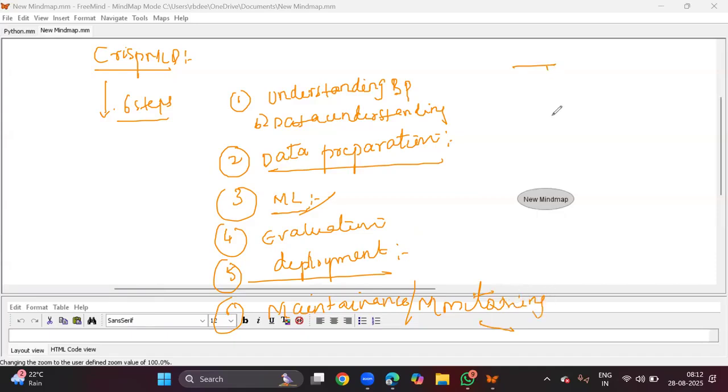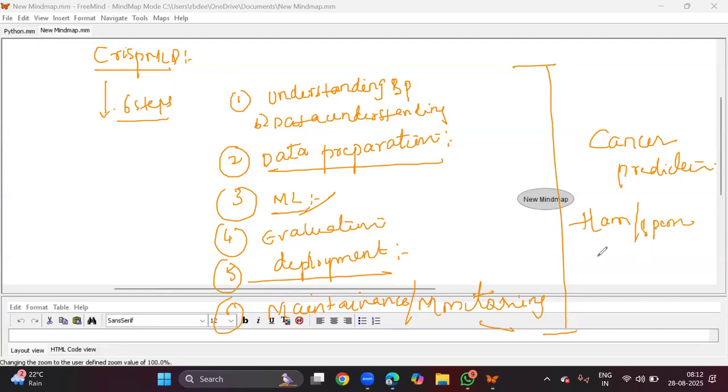For any business problem, whether you want to know whether a person is a cancer patient or not, cancer prediction, whether a mail is important or not, whether a person would be a good customer or a bad customer, whether a person would pay the insurance, yes or no, whether there will be perfect yield or not.